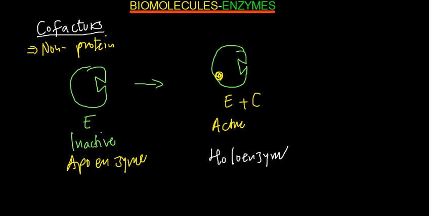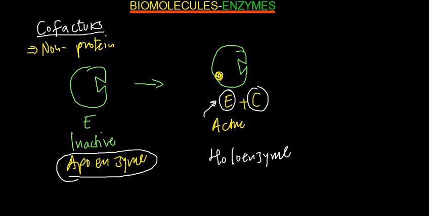So what is a holo enzyme? A holo enzyme is simply an enzyme plus a cofactor. Since an enzyme alone in its inactive form without a cofactor is called an apo enzyme, we can also say that a holo enzyme is an apo enzyme plus a cofactor.